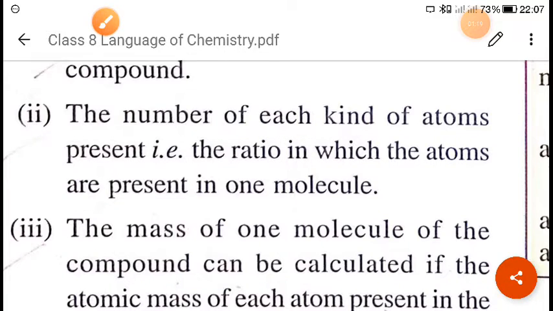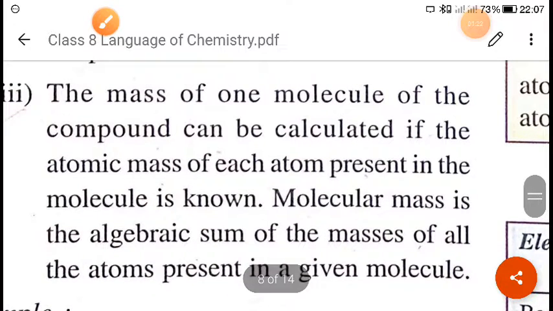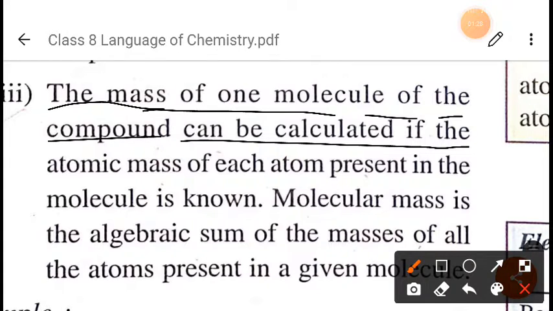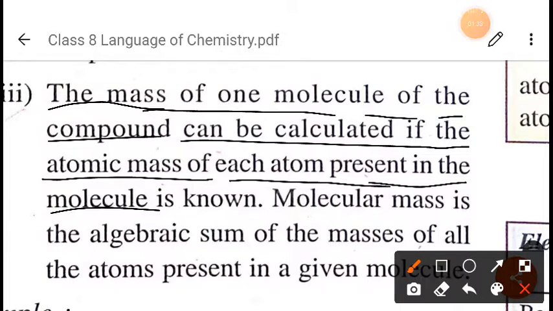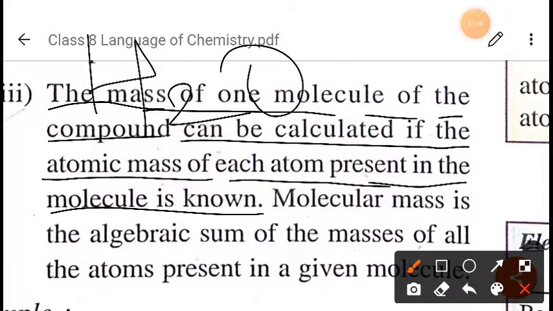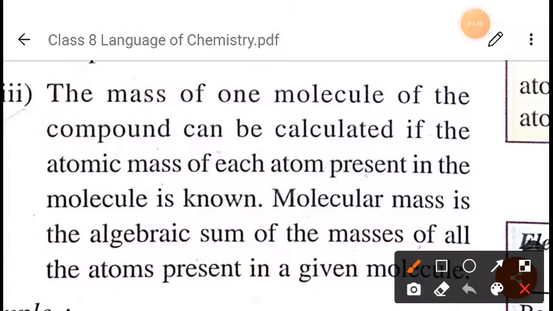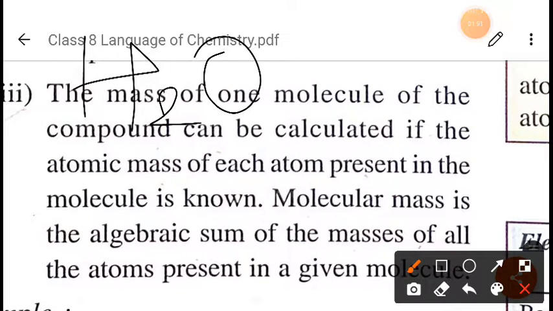Next, when we talk about mass, the mass of one molecule of the compound can be calculated if the atomic mass of each atom present in the molecule is known. Suppose we take H2O. If we know the mass of hydrogen and oxygen, we can find the mass of water.